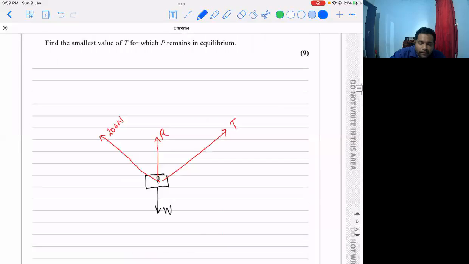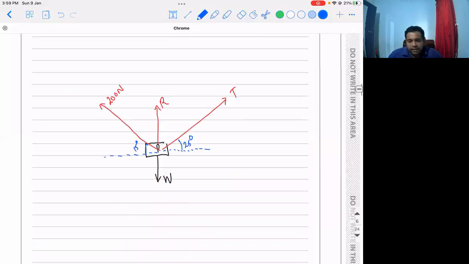So this is what, my dear students, this is 25 degree, correct? And what is this angle? Is that 15 degree? Yes, it is. Now we are going to resolve this T and 200. Okay, so how we will resolve?